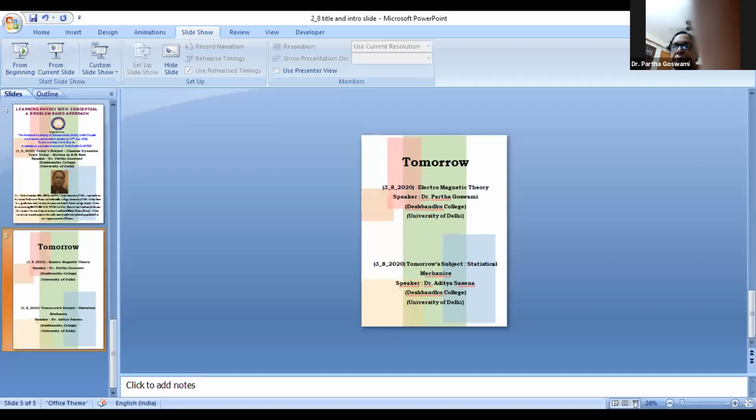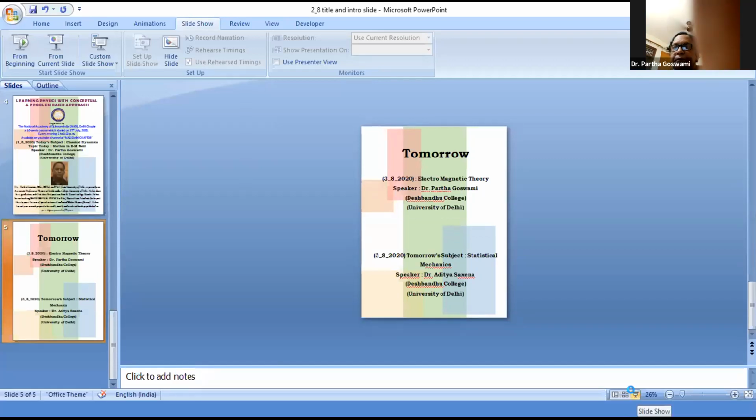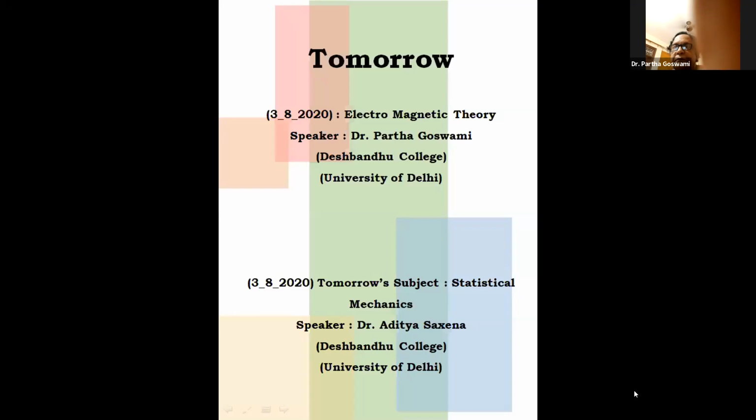All that Dr. Partha Goswami has provided to us would be coming to you also. So tomorrow, on the third, we will have electromagnetic theory by sir, followed by a statistical mechanics lecture by Dr. Aditya Saxena, which will also be based on concepts plus theory. So the coming week is only electromagnetic theory and statistical mechanics.